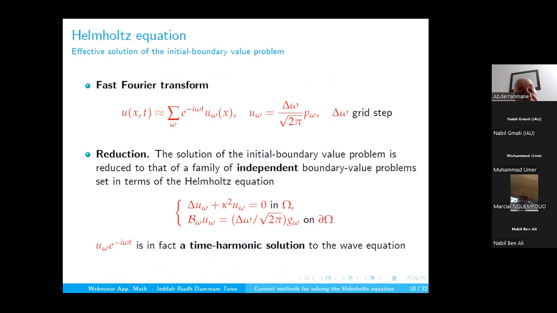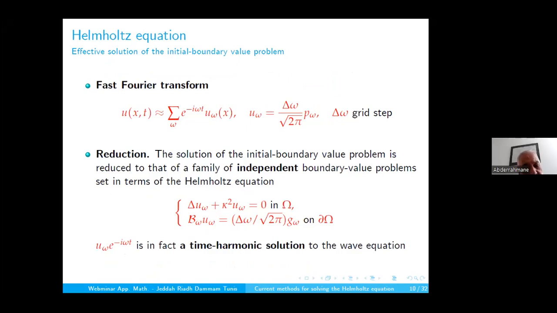And in this way, for instance, you can focus on really the frequencies which are important in the solution, and not solve by the time marching method. You solve for all the frequencies, but by this method, you can focus only on the important frequencies, the frequencies which compose the solution.